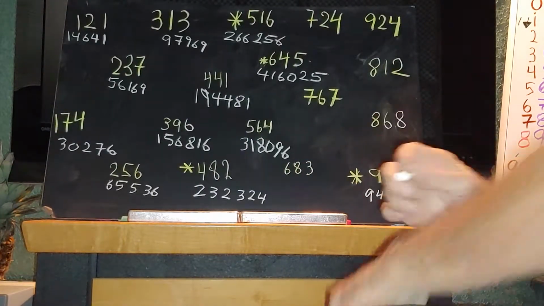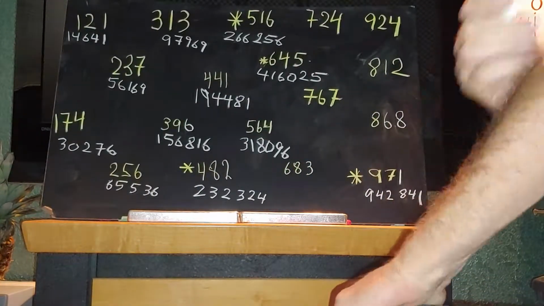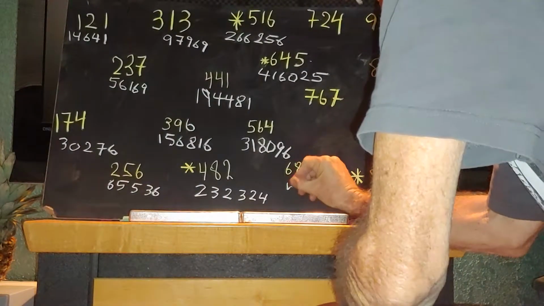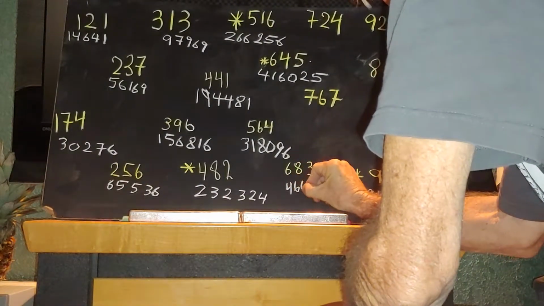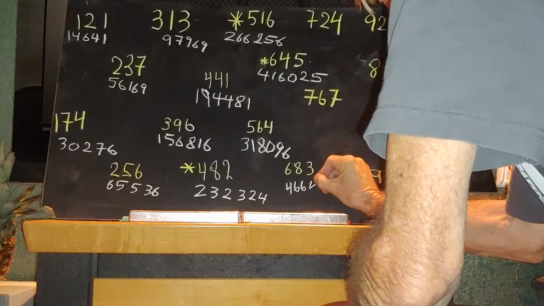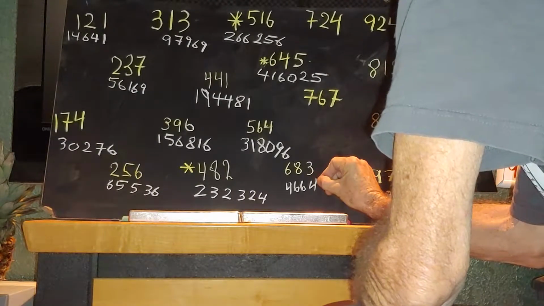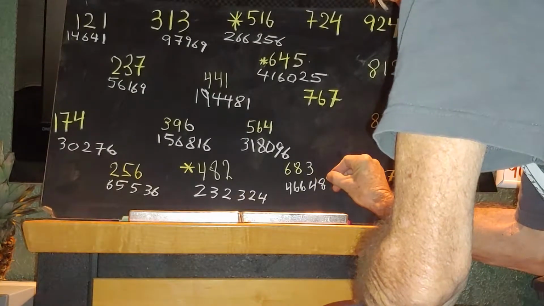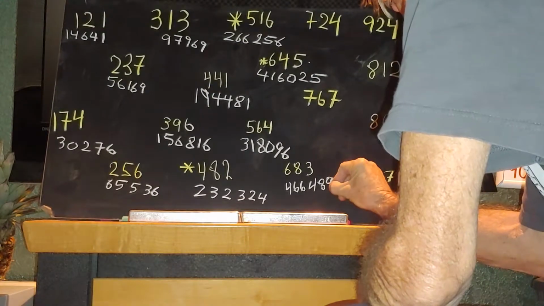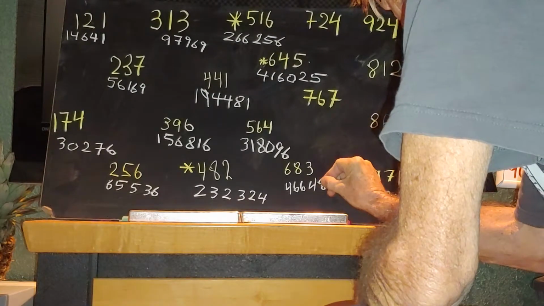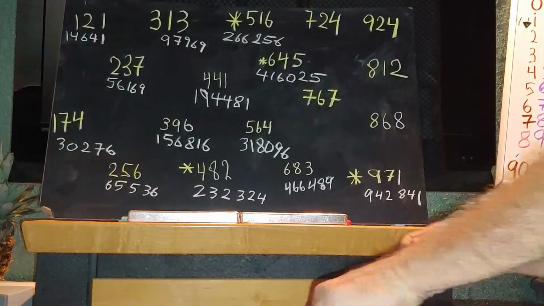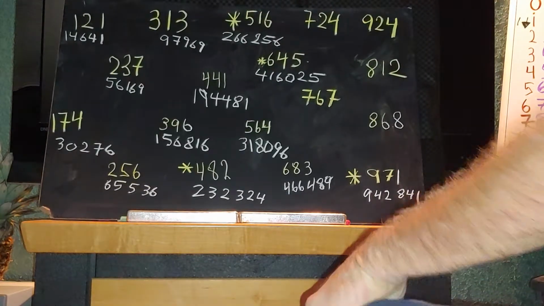Very good. So it's 4662 and 17. 4, 6, 6, 4, 8, 9. Anyway, I'll do these and then we'll get to the lesson.